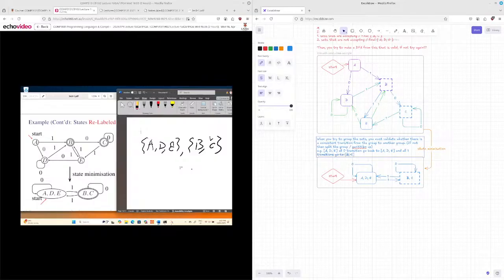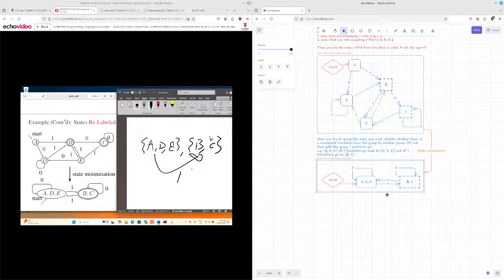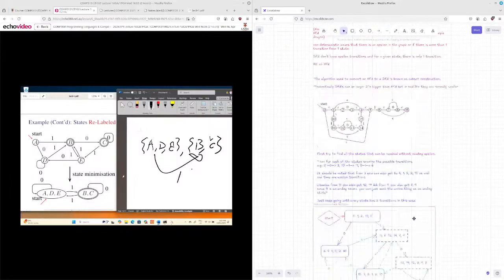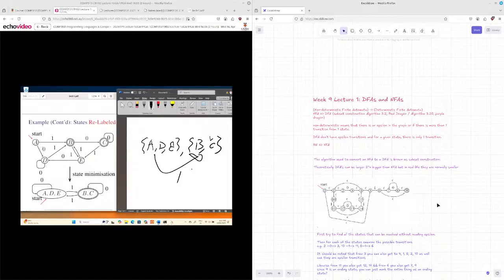It's very easy. Just look at the original transitions. From A to B there is a transition on 1, so you just add a transition. From A to D there is a transition on 0.